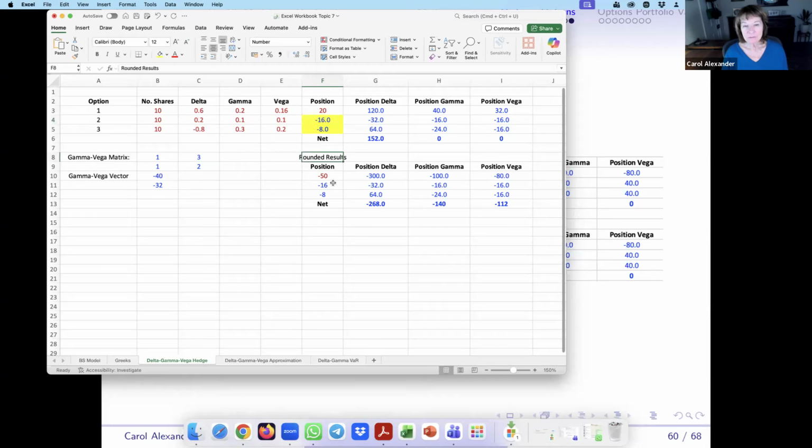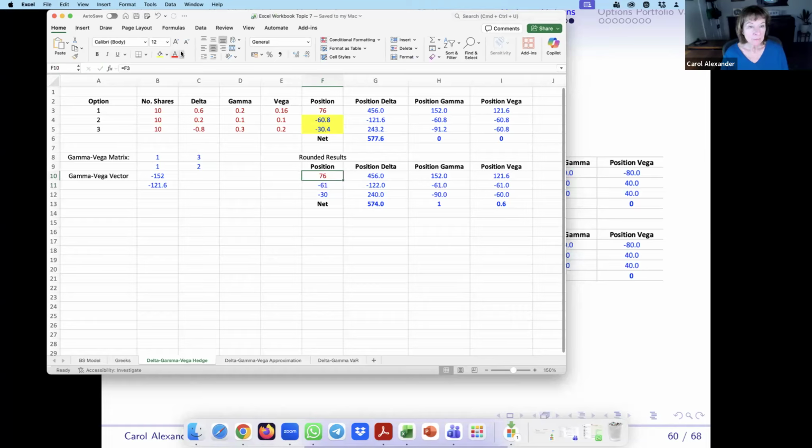So I've got these rounded results here because for some things you put in, for example, let's put in 76 here, you've got minus 60.8. So the closest you should do is to sell 60 options.